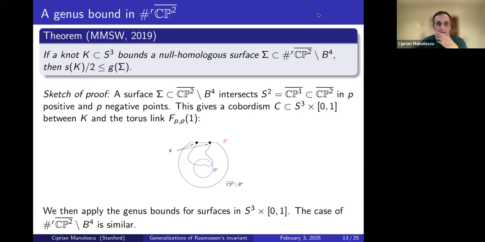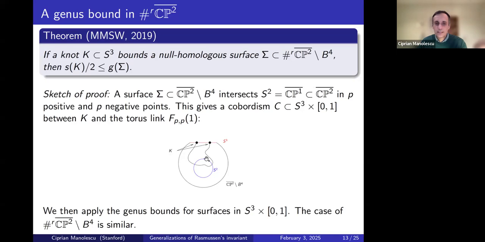Well, we can look at this surface and see how it intersects the core of CP2 bar, namely CP1, which is a sphere. If it intersects it in 2p points, you look at the neighborhood of it, and you get a cobordism in the ordinary cylinder S3 times [0, 1], and it goes from the knot K to a fixed link.